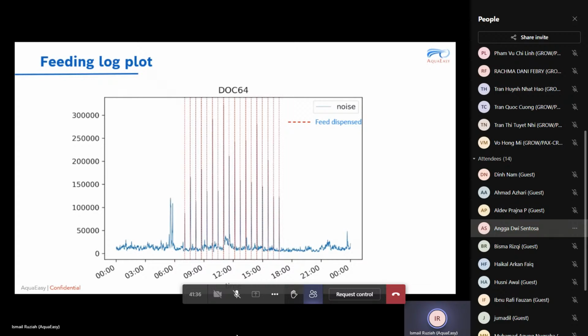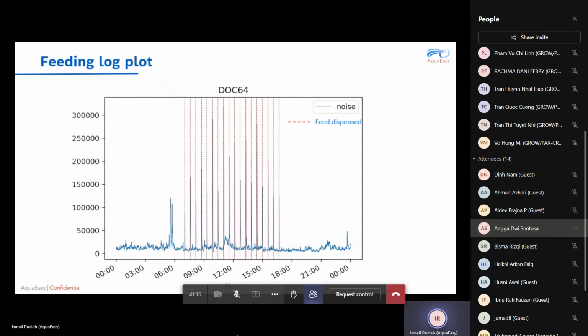Okay, so this is also a little bit of the challenging part. It depends on the setup of the pond. For example, like the Indonesian ponds where they just use standard aerators, this baseline has a more meaningful score because we don't have additional complexity in the pond. But if you look at the Vietnam pond, there is a possibility of interference also from the diffusers and all that. That is correct.